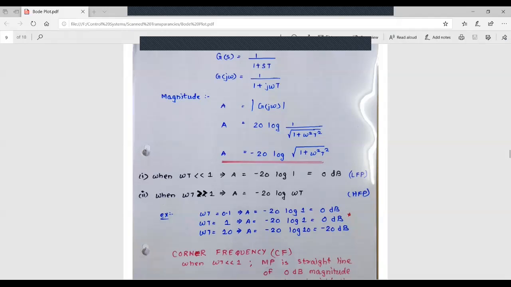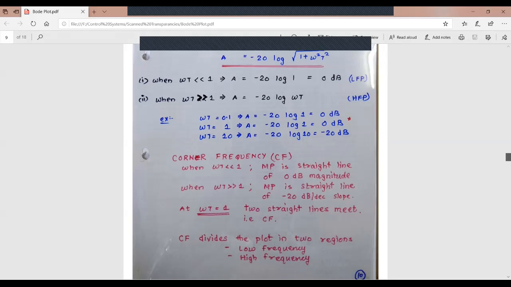Suppose t is equal to 1 by 5, omega will be equal to 5. If t is equal to 1 by 1000, omega will be equal to 1000. So the frequency at which omega t becomes 1 is known as the corner frequency, and at the corner frequency there is a threshold. Before the corner frequency, that particular factor doesn't contribute, 0 dB, and after that it contributes minus 20 log of omega t.